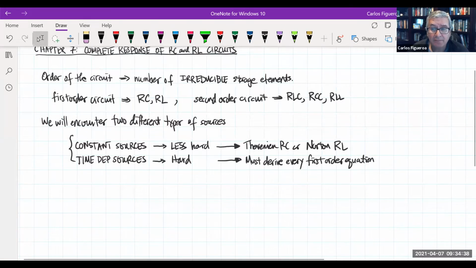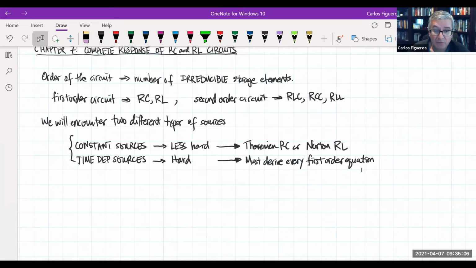And so your job here is to really understand that when we hit these time-dependent sources, it's going to appear that I'm coming out swinging at you. It's not that way. What it really means here is that it's just more challenging.